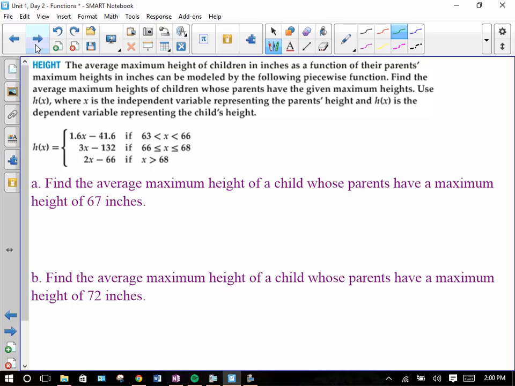So it says, the average maximum height of children in inches as a function of their parents' maximum heights in inches can be modeled by the following piecewise function. You don't need to know any of that information except this is the function you're using.